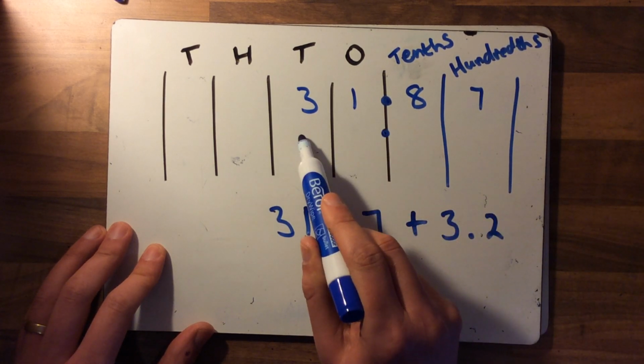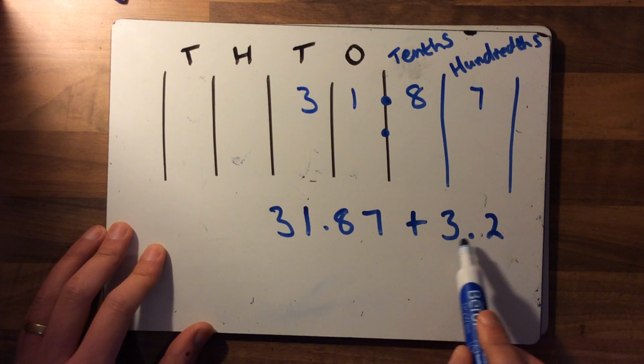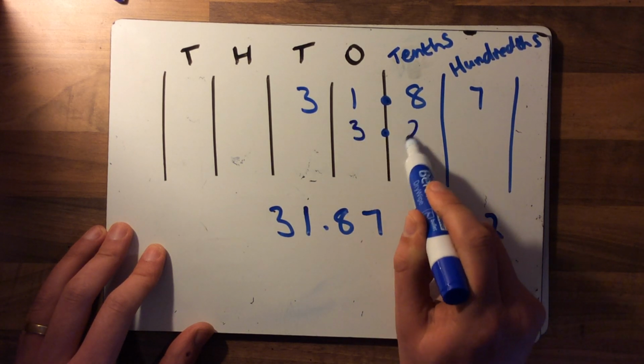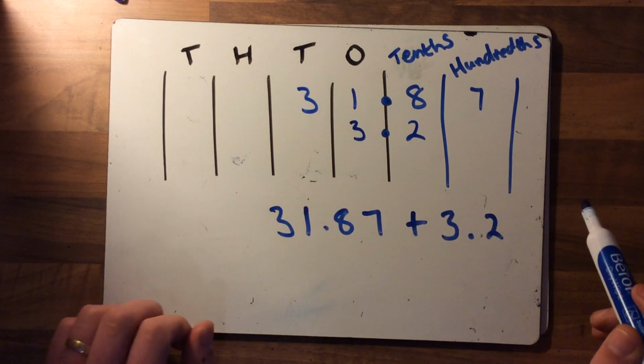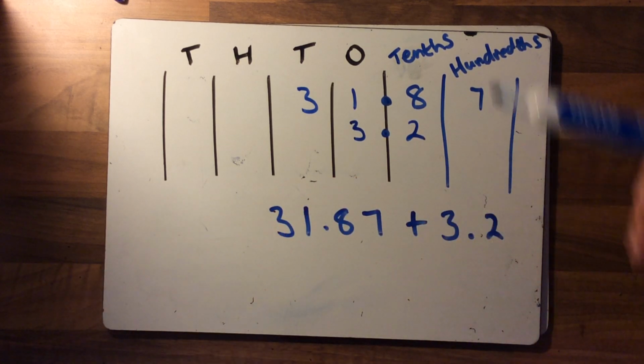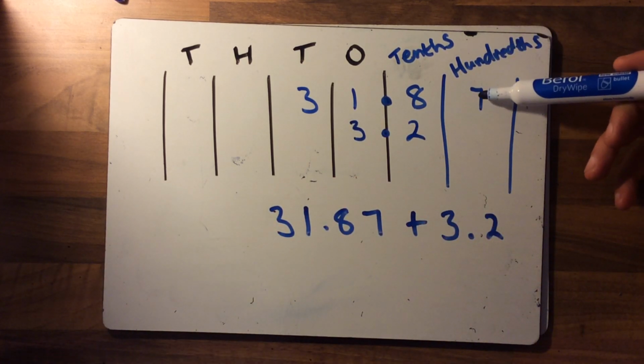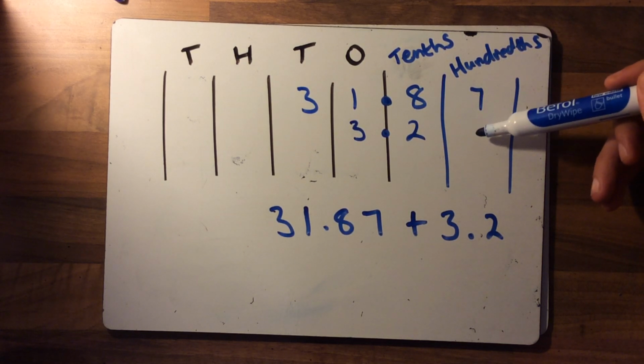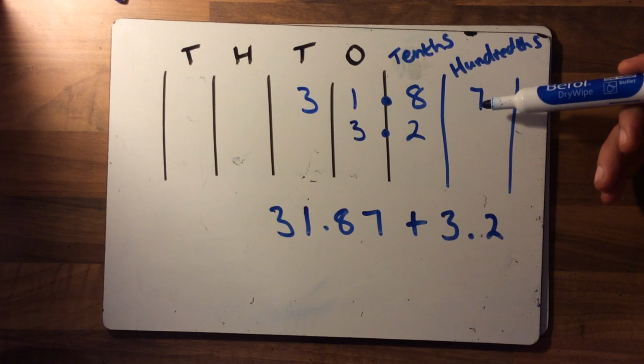I'm not going to put the 3 here because it's 3.2. There's just 3 ones, aren't they? So that shows that's why we line them up, because in this first number there are 7 hundredths, but in 3.2 there are no hundredths in here. That's why it's got to be lined up.